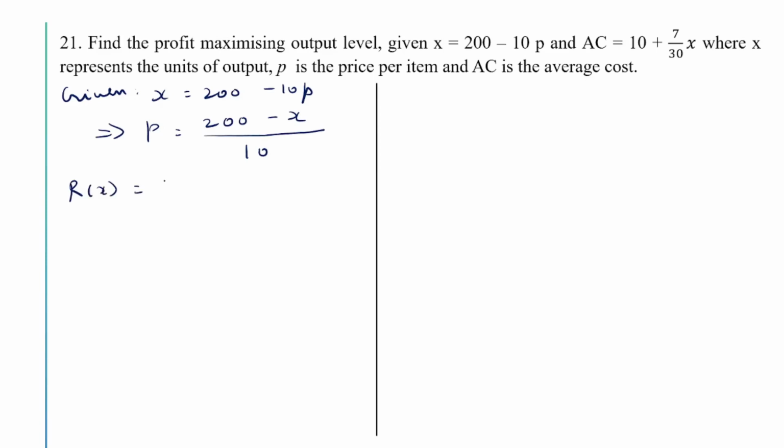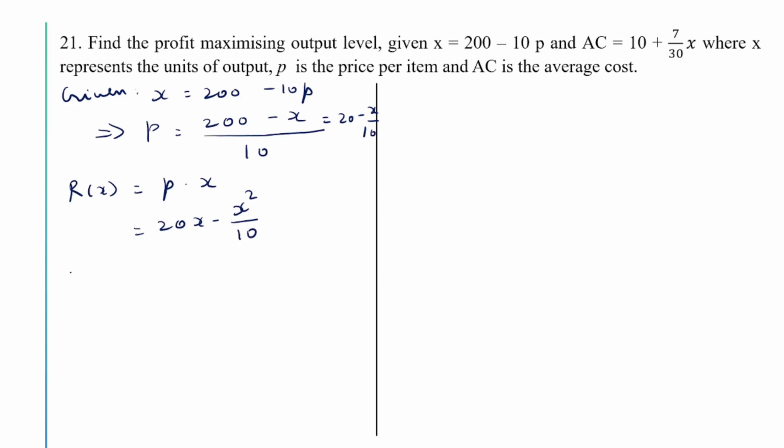R of x is equal to p into x, which we can write as 200 by 10 minus x by 10, or it is 20 minus x by 10. So the revenue is 20x minus x square by 10.